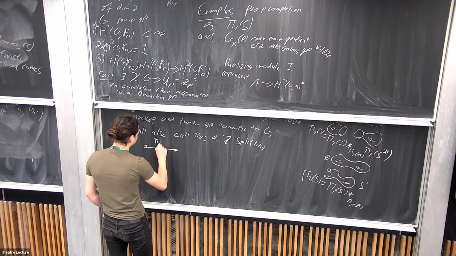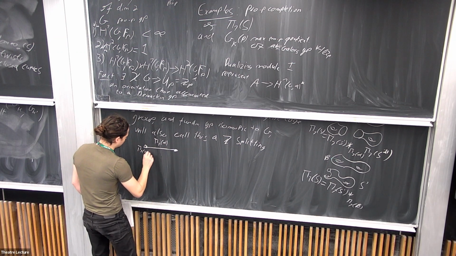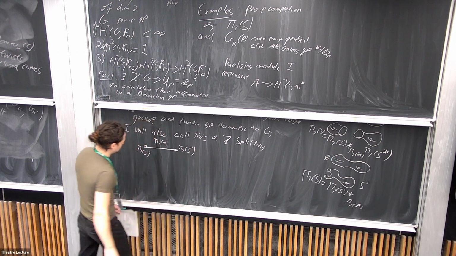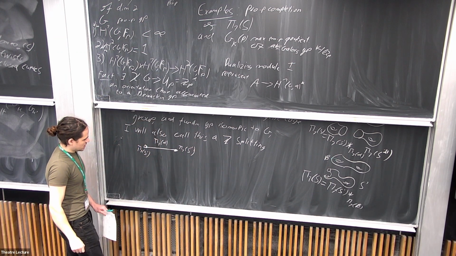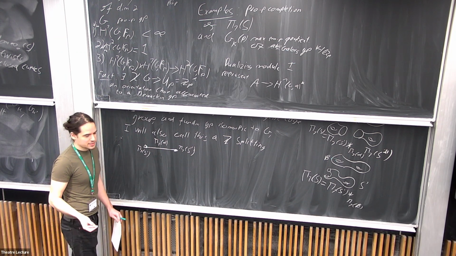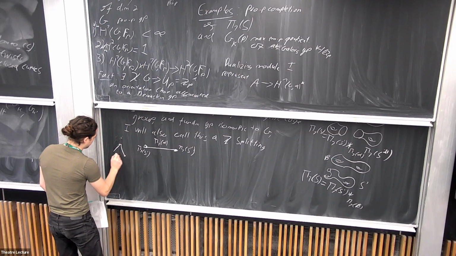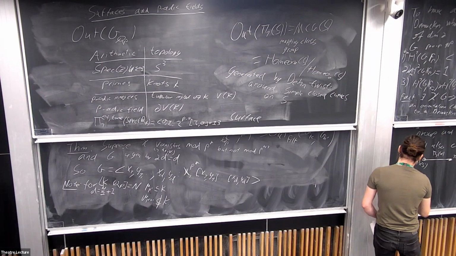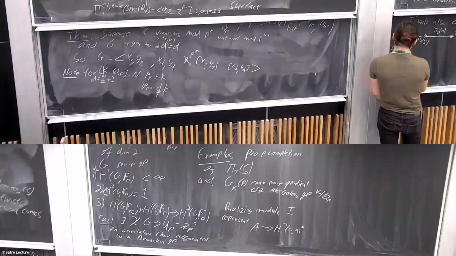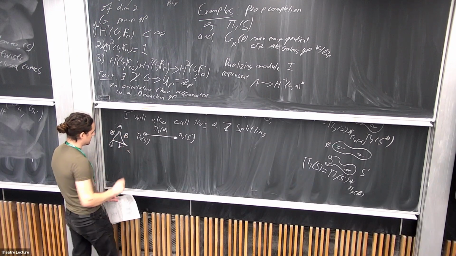Here I would put pi_1 of alpha, here pi_1 of S prime, and here pi_1 of S prime. As for the fundamental group of a graph of groups, suppose I have a more complicated graph with vertices A, B, C and edges alpha, beta, and gamma.